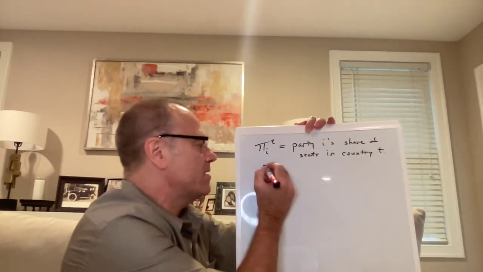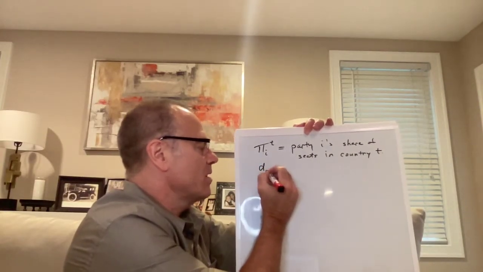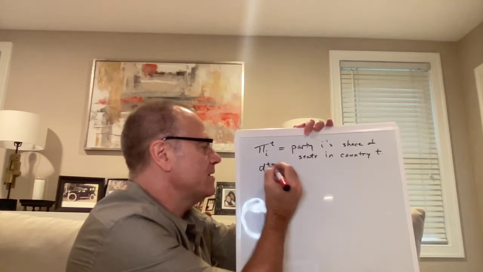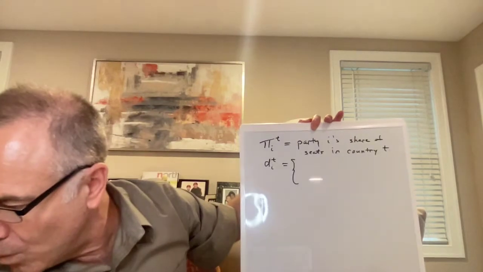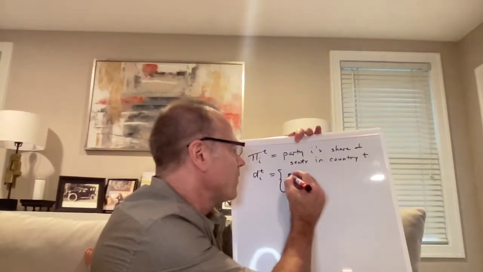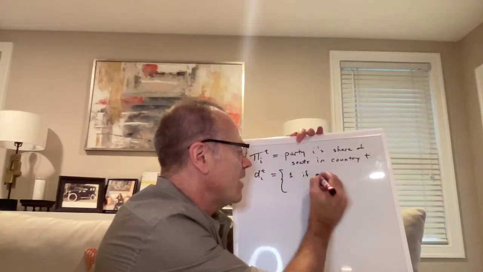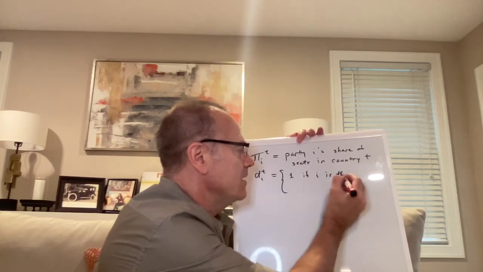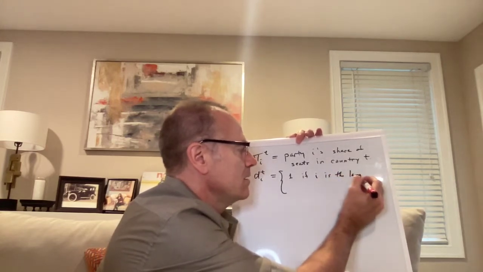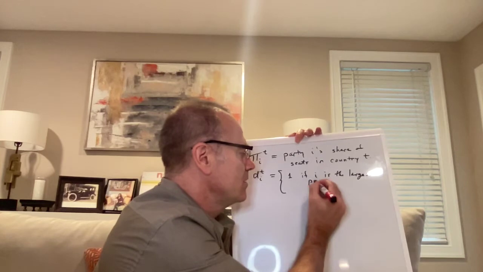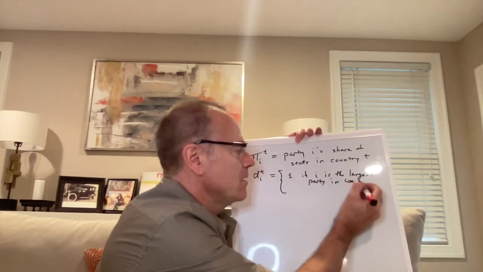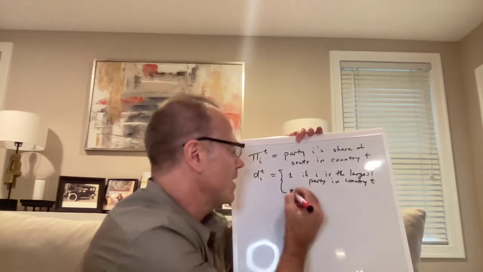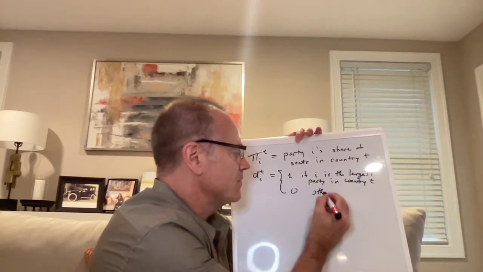Then Diermeier-Merlo creates a dummy variable, call it D_it, and this equals 1 if i is the largest party in country t and 0 otherwise.